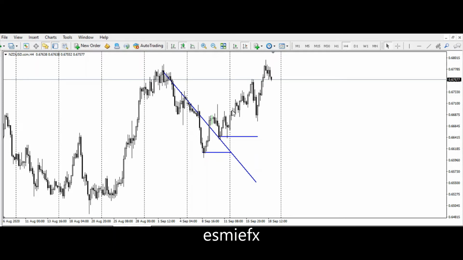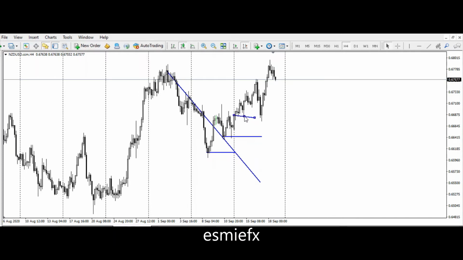So price moved up and retraced. So when there's a few consolidation here, draw a line across. Price moved up and came back to the support.